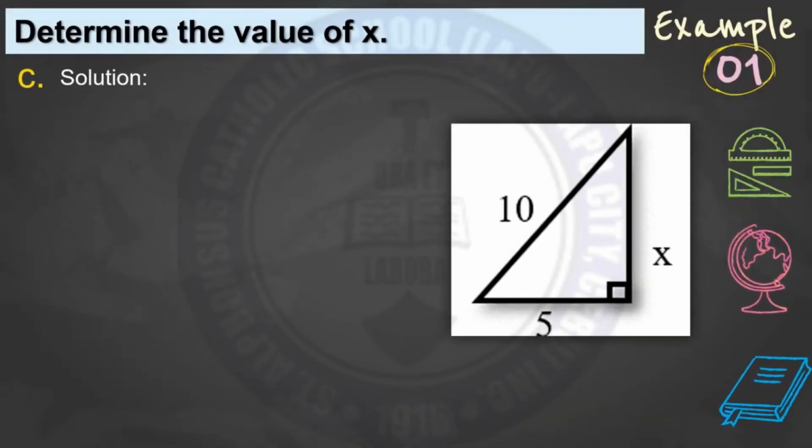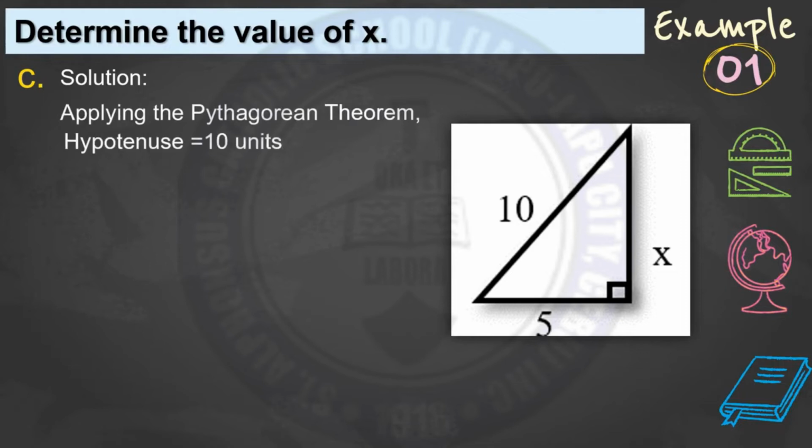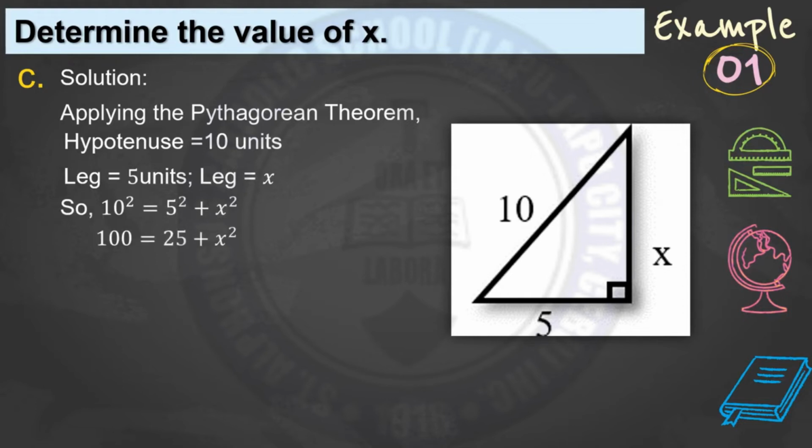Example number 1, letter C. Determine the value of x. Now in this figure, our x is not anymore the hypotenuse, but one of the legs of the right triangle. So applying the Pythagorean theorem, the hypotenuse is 10 units, one of the legs is 5 units, and the other leg is x. So 10 squared is equal to 5 squared plus x squared. 10 squared is 100. 5 squared is 25.